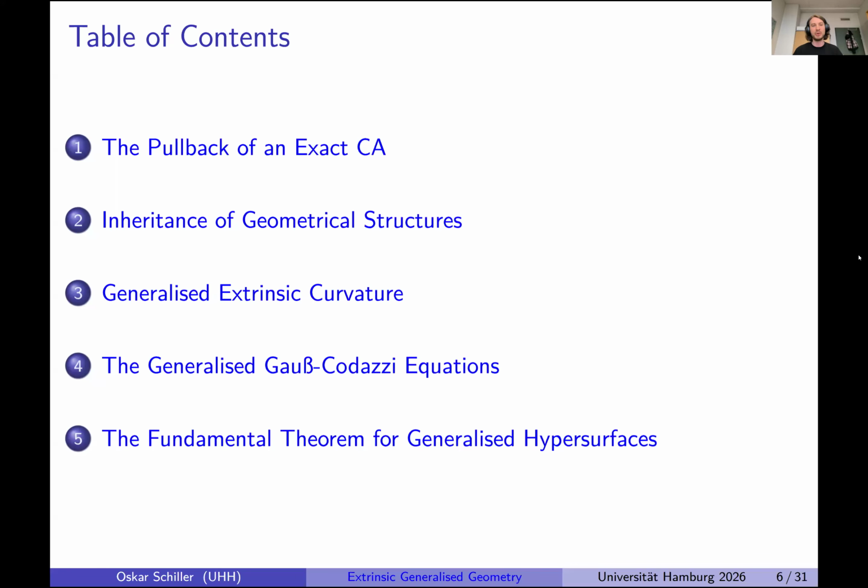And then I want to explain to you how this immersed submanifold inherits the geometrical structures from the ambient space, how we then can introduce the notion of extrinsic curvature in generalized geometry, and then I will describe the generalized Gauss-Codazzi equations, which we found. And as I said, in the end, if time permits, I will explain the fundamental theorem for generalized hypersurfaces.